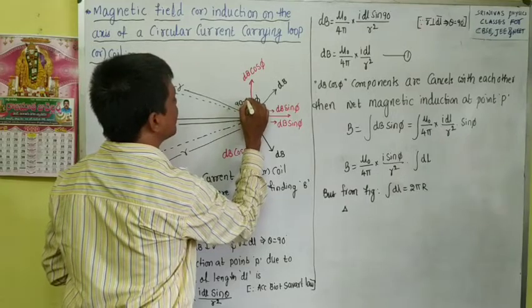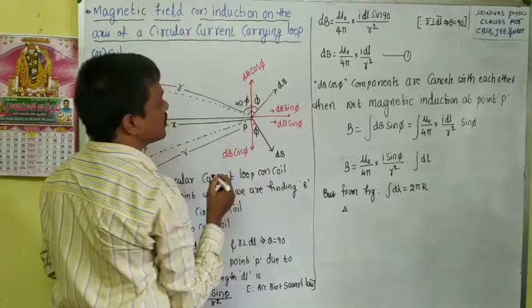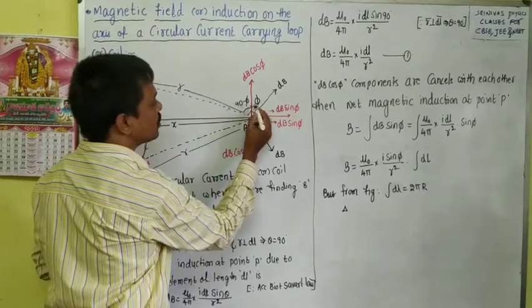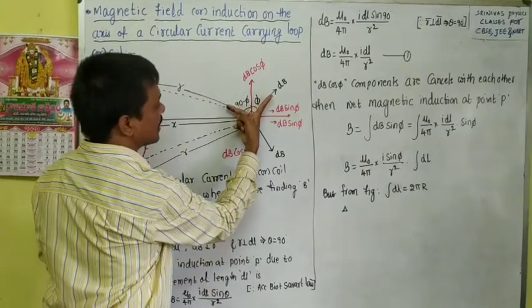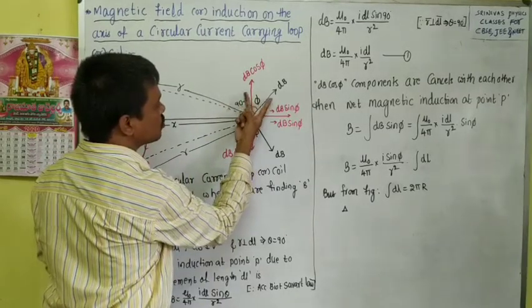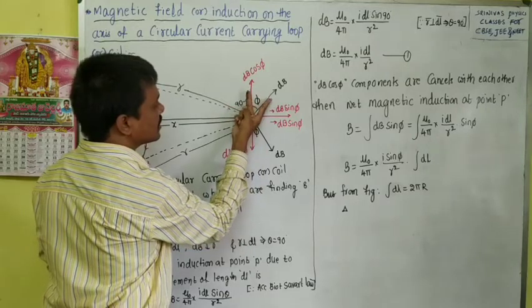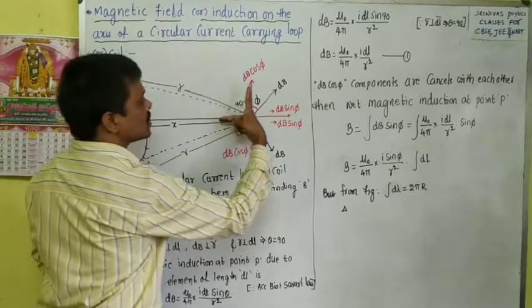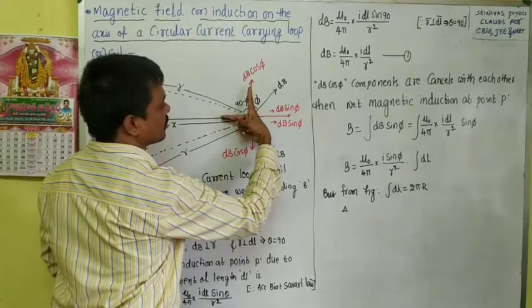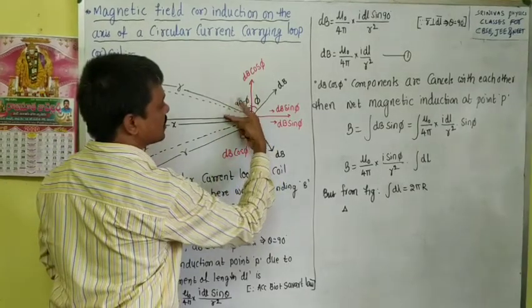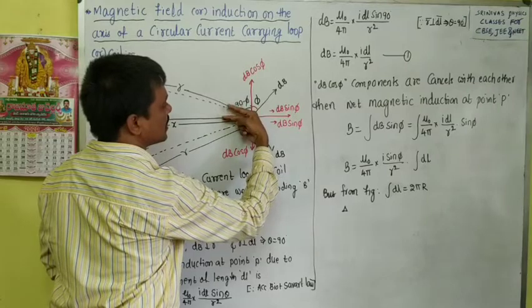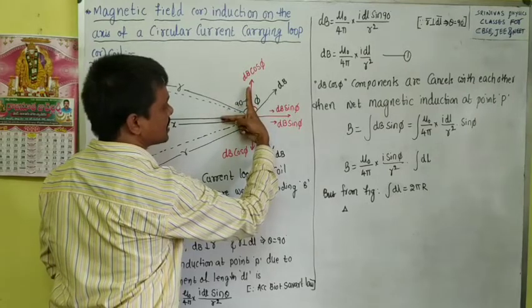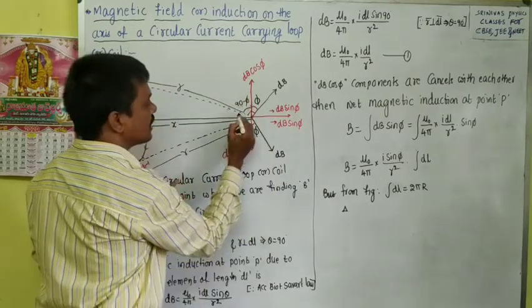Why 90 minus phi? Because these are perpendicular, 90, and when you add these two you must get 90. This is phi, so this must be 90 minus phi. And these two are also perpendicular, so how much should this be to get the total as 90? This should be phi again.